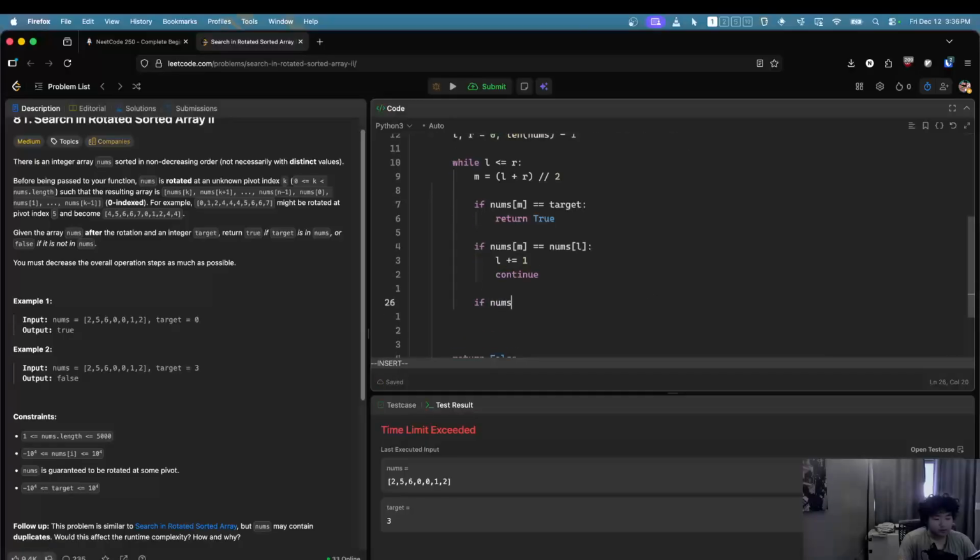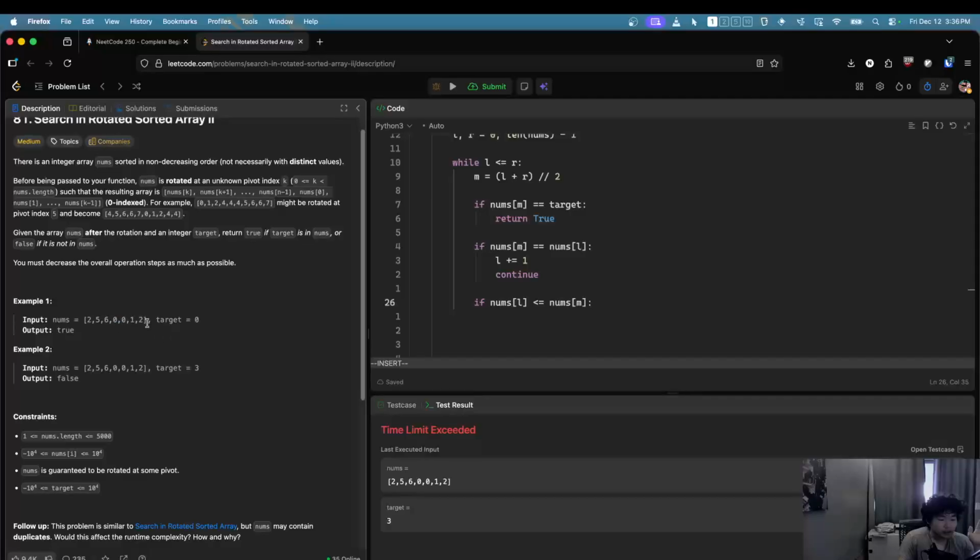So if we're saying nums of L is less than or equal to nums of mid, okay, that means the left is smaller than the middle. That means we're on the right side of the left portion of the sorted pivot. This is the left portion of it. What I mean by that is from the pivot, all the values from here and beyond are going to be smaller than the pivot.